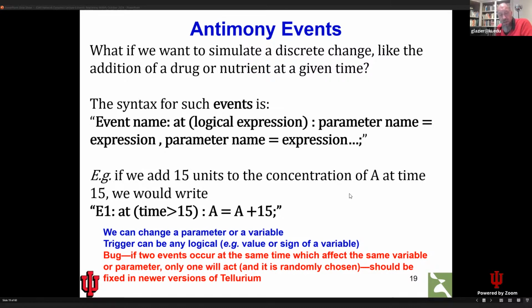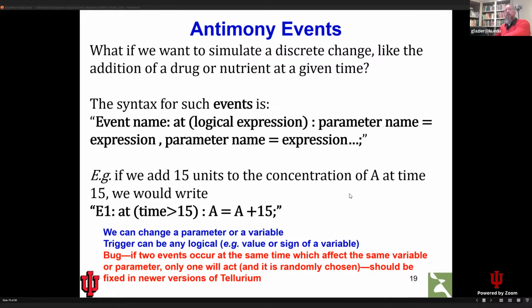I should also say that there is a bug, which may or may not have been fixed in the current version of Antimony, actually really Tellurium rather than Antimony, which is that if you have two events that trigger at the same time, that write to the same value, that affect the same variable, only one of them will happen, and which one it is random.